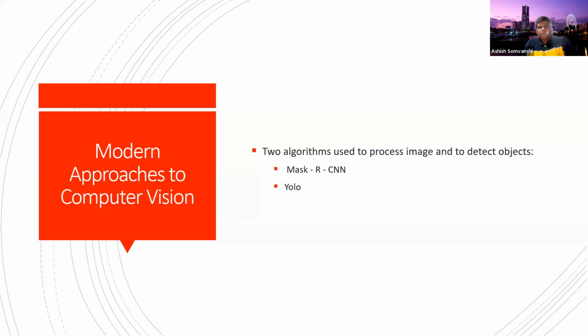Coming to the modern approaches of computer vision, there are two types of algorithms that we can discuss here: Mask RCNN and YOLO. Both of them are in advanced versions. Mask RCNN is in version 3. YOLO is in fact in version 5 as of now.